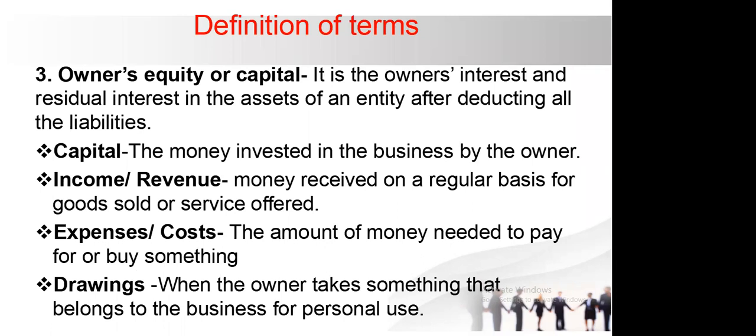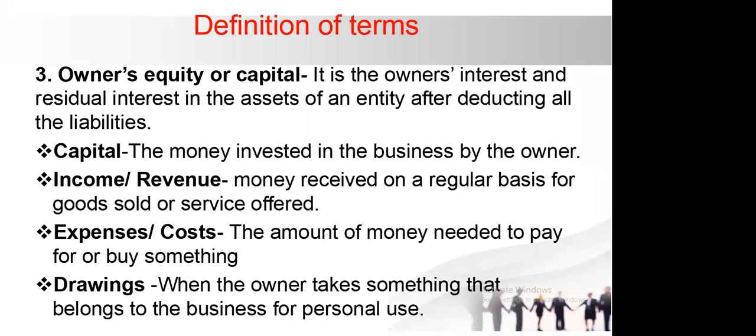Remember, when you are running a business, you do so with the motive of making a profit. And that profit which you would have made, or the money that you would have invested in that business, belongs to you as an owner. So that portion which belongs to the owner of the business is what we refer to as the owner's equity.